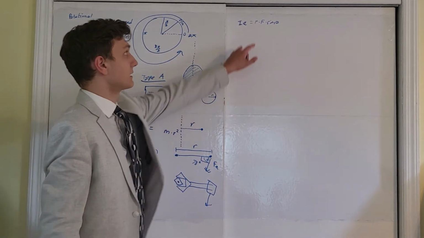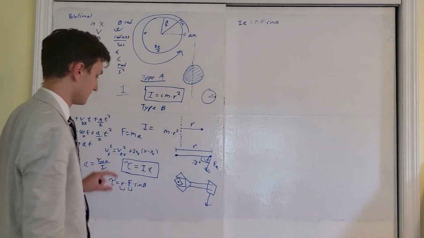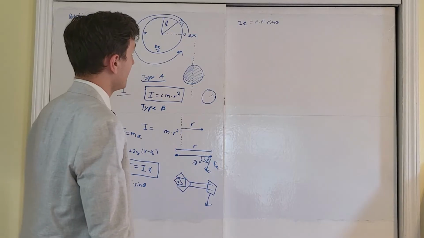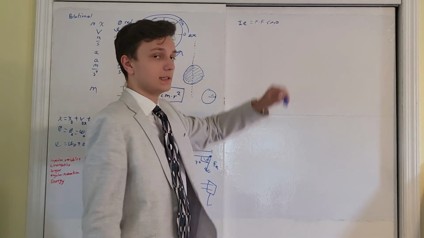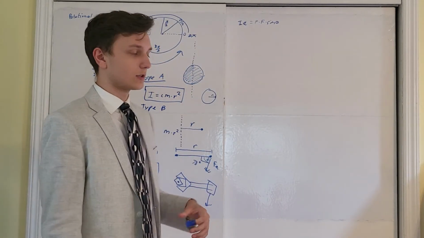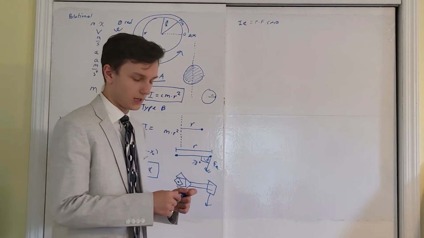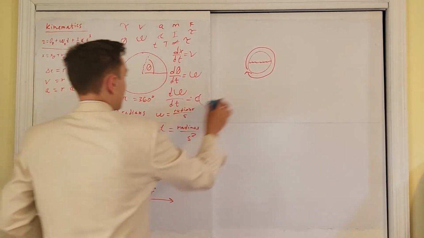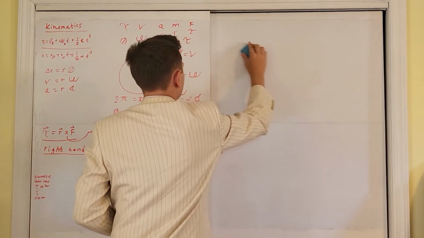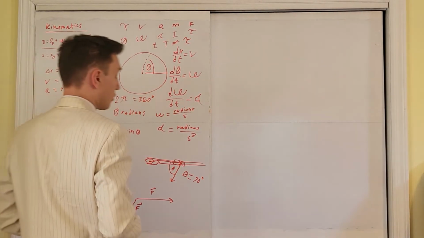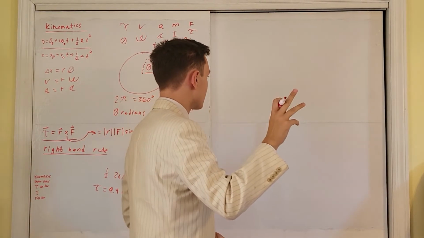We can then make that derivation from these two, okay? And that is a derivation that you are going to need to make to answer the great majority of rotational problems that you'll encounter.